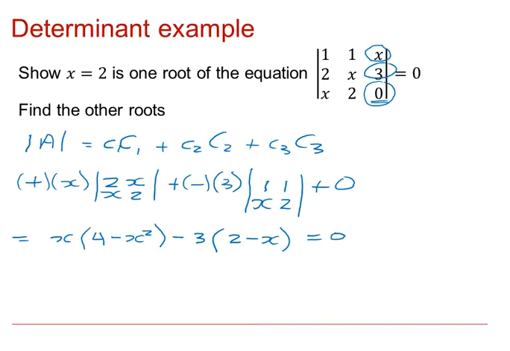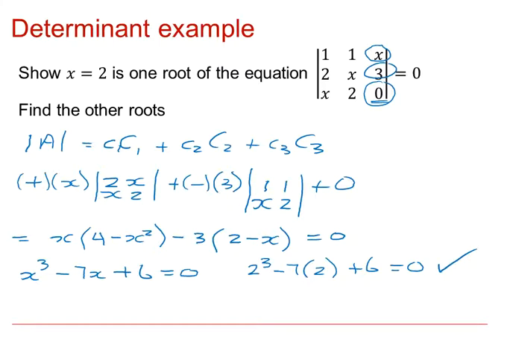If I tidy up the algebra a little bit, I should get that x cubed minus 7x plus 6 equals 0. Let's try x equals 2. Well, if I had 2 cubed minus 7 times 2 plus 6, that would be 8 minus 14 plus 6, which does indeed equal 0. So I have verified or shown that x equals 2 is one root of that equation.